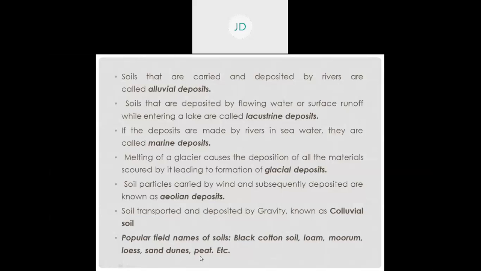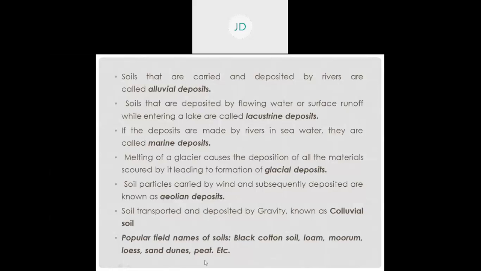Now what is peat? Peat contains highly decomposed organic matter. What do you mean by organic matter? From a long time ago, the dead bodies of plants and animals decomposed in the soil and formed organic matter.